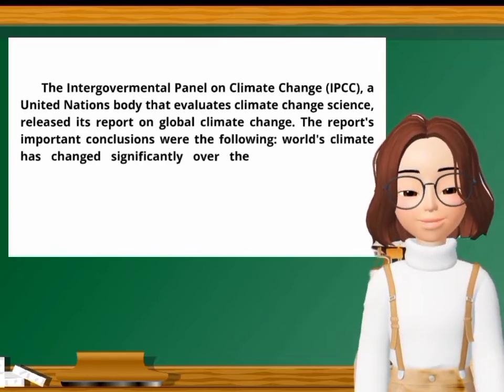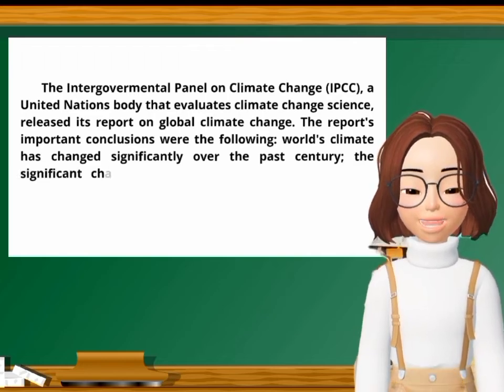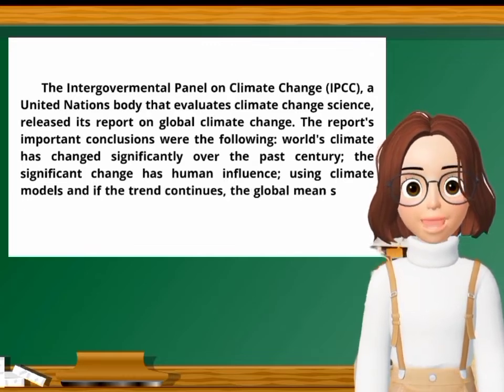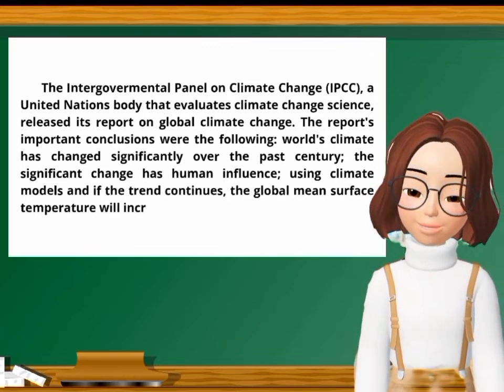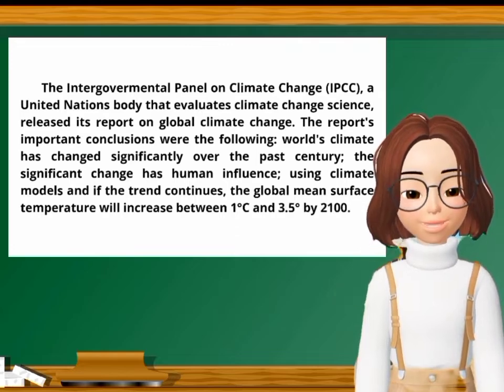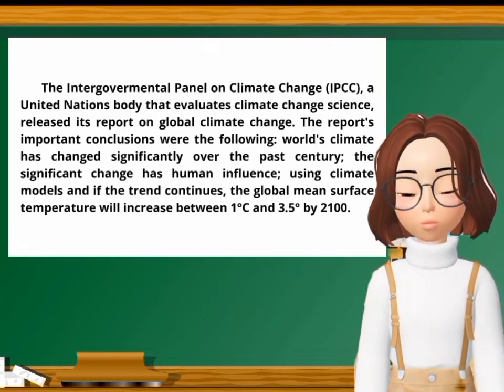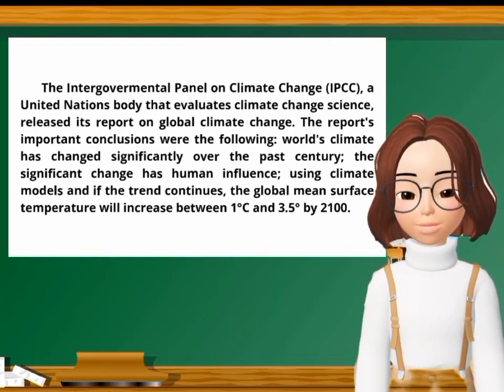The report's important conclusions were the following. Earth's climate has changed significantly over the past century. The significant change has human influence using climate models, and if the trend continues, the global mean surface temperature will increase between 1 Celsius and 3.5 Celsius by 2100.